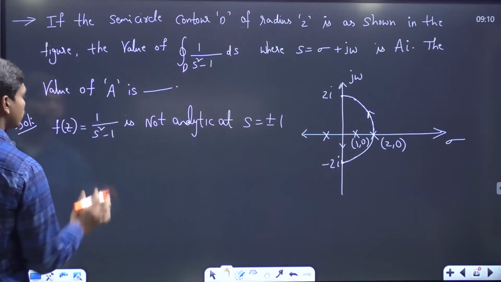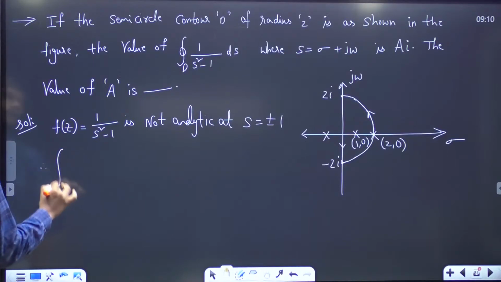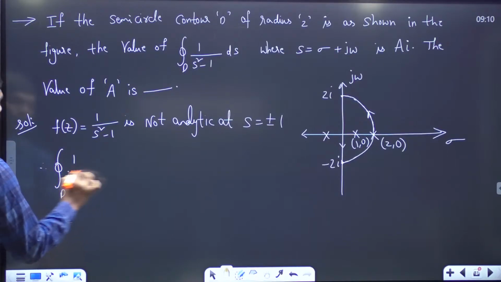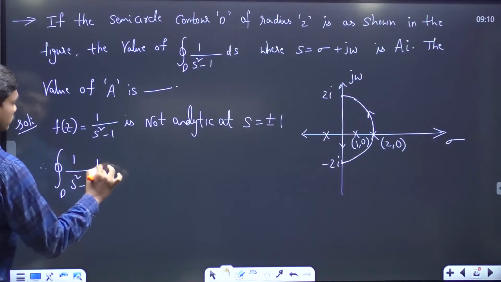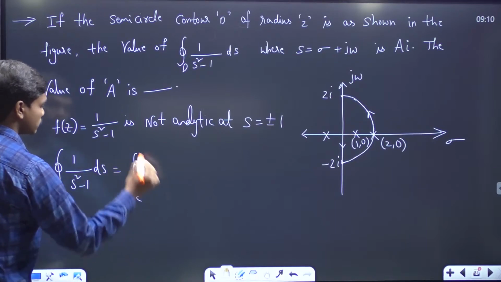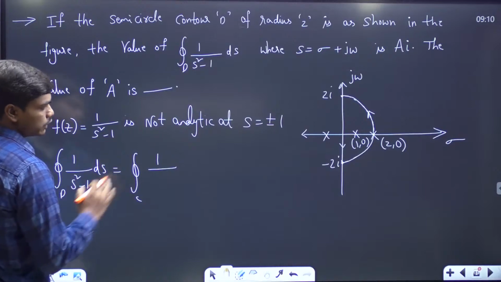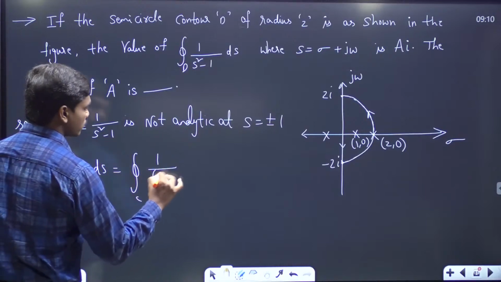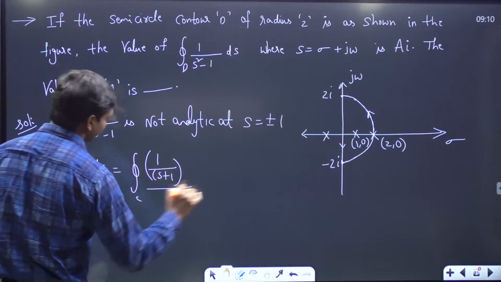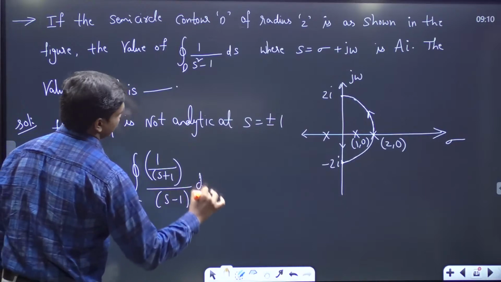Therefore the integral over D of 1 by s square minus 1 ds can be written as the integral over C of 1 by s plus 1 into s minus 1, and 1 by s plus 1 can be written straight away here, divided by s minus 1 ds.